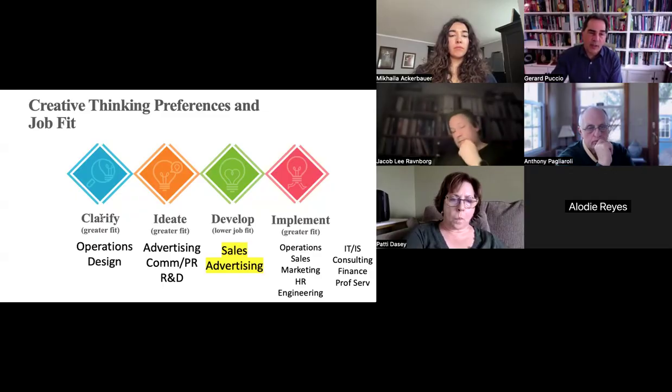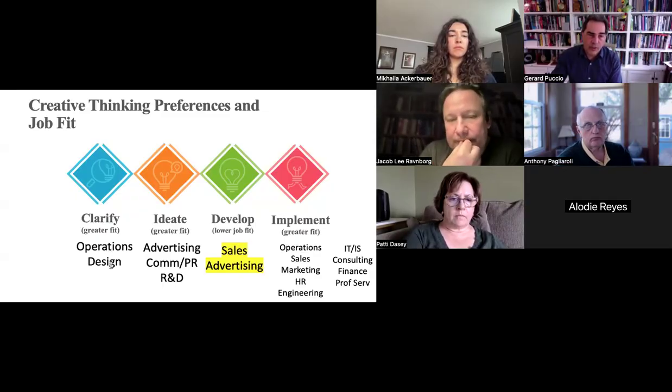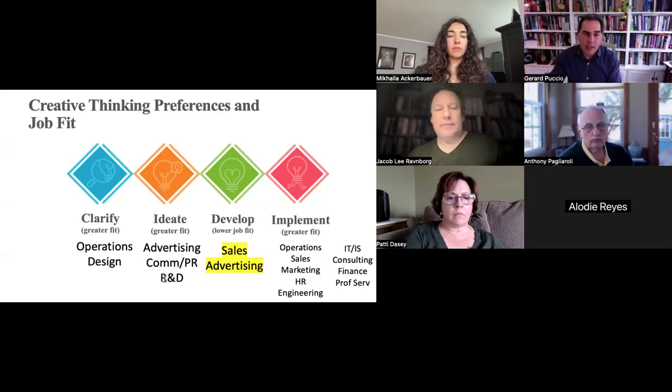So clarifying, improved fit in operations and design. High ideating improved the degree to which people said they were well suited for advertising, as well as communication and PR, and research and development. Then a negative relationship, which I find totally fascinating, with high develop and fit in sales and advertising.